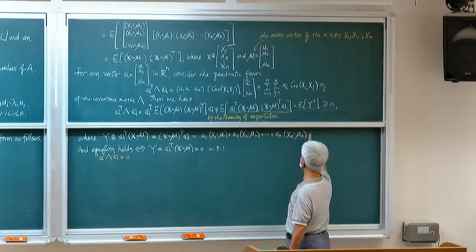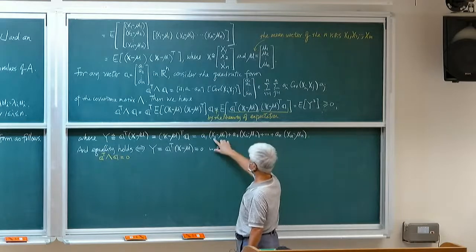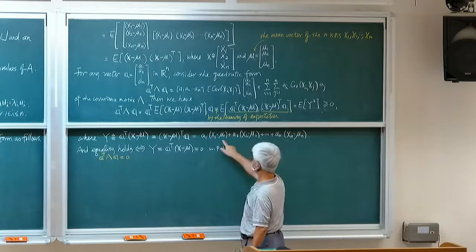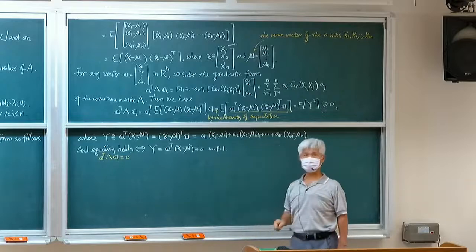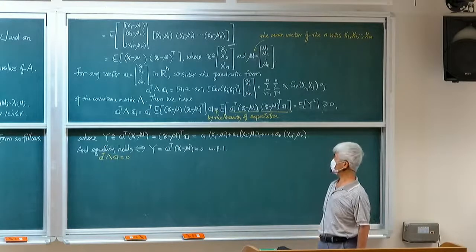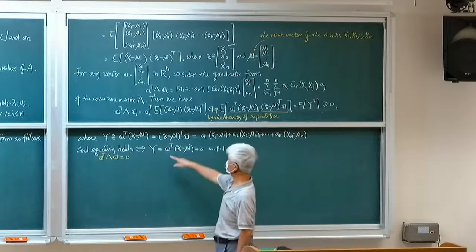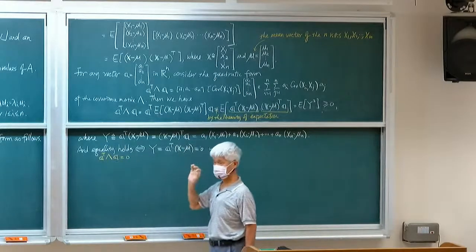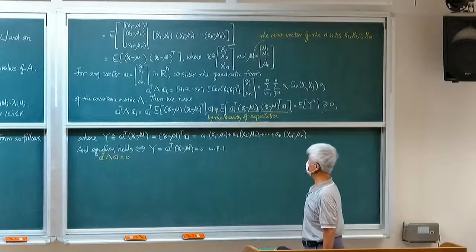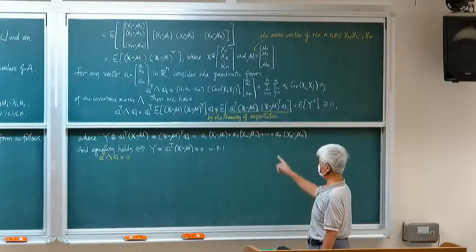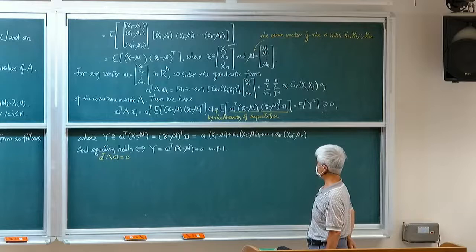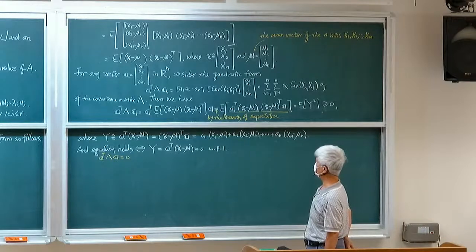So that this is 0 means that the xi's satisfy a linear equation, okay, with probability 1. Okay, so that is important. That is an important observation.